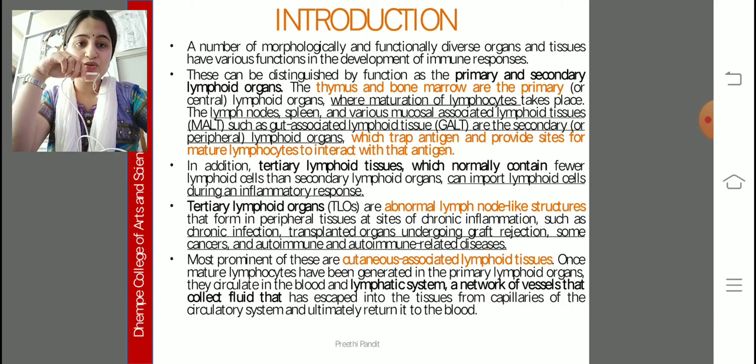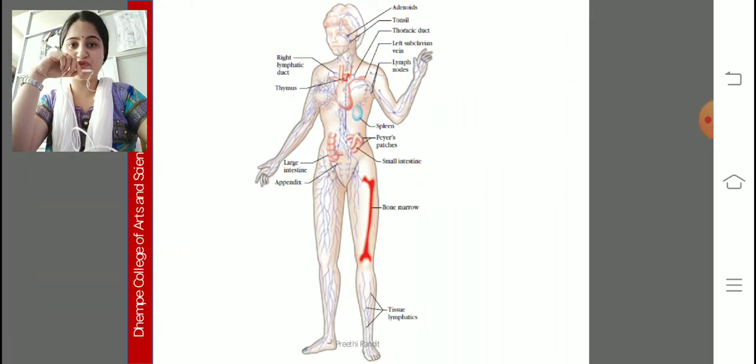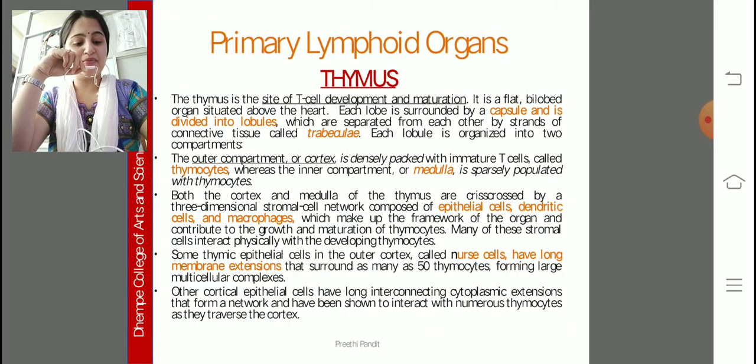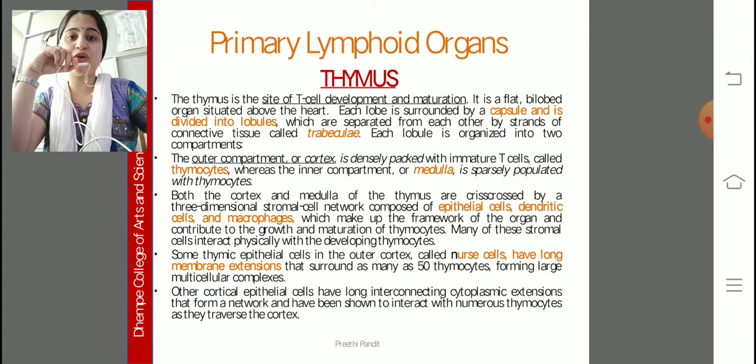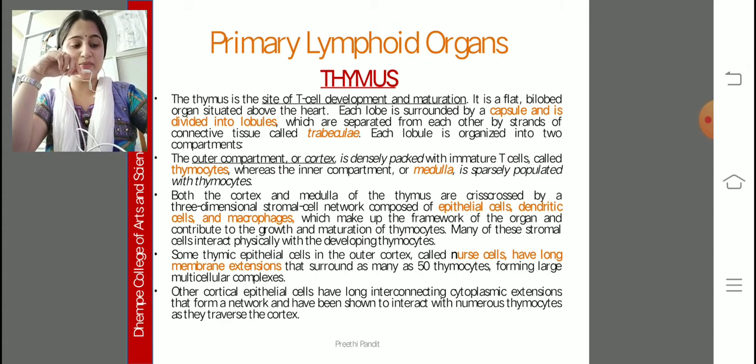Okay, so we will talk now about the primary lymphoid organs, which are the bone marrow and the thymus. So let's talk about the thymus. The thymus was first discovered in 1961 by Miller, who was investigating leukemia in mouse models.